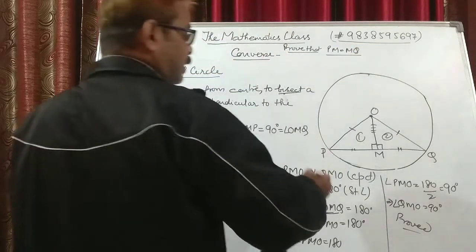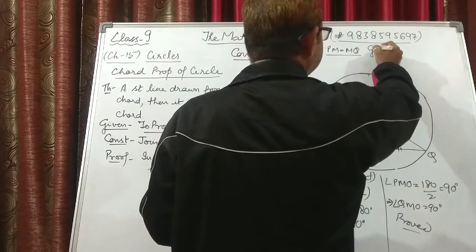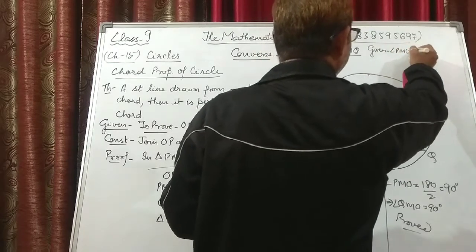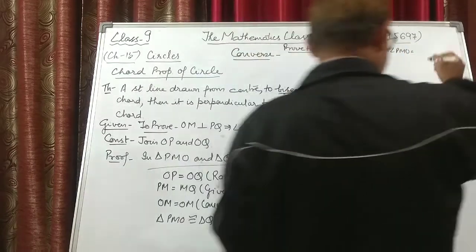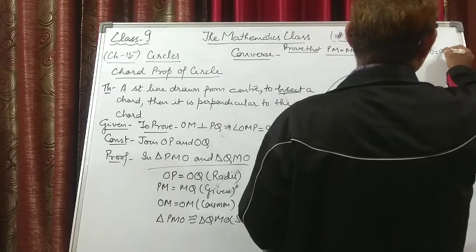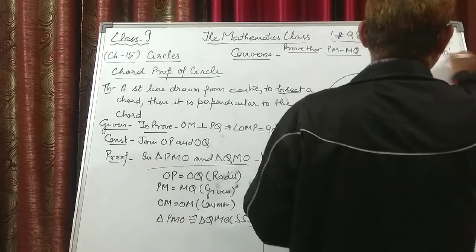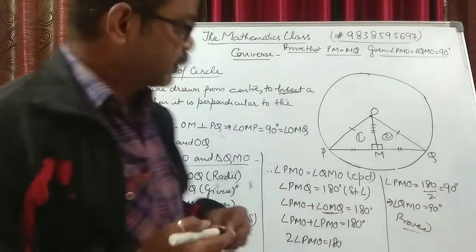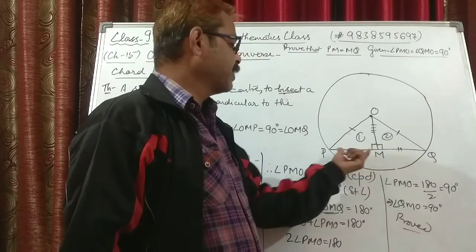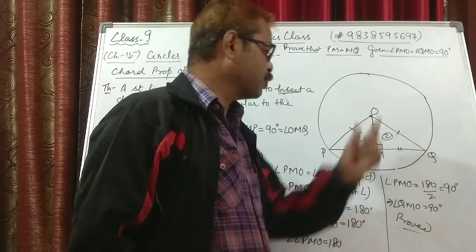What is given is angle PMO is equal to angle QMO is equal to 90 degrees. In the converse, it is given that these angles are 90 degrees, and we have to prove that PM and MQ are equal.